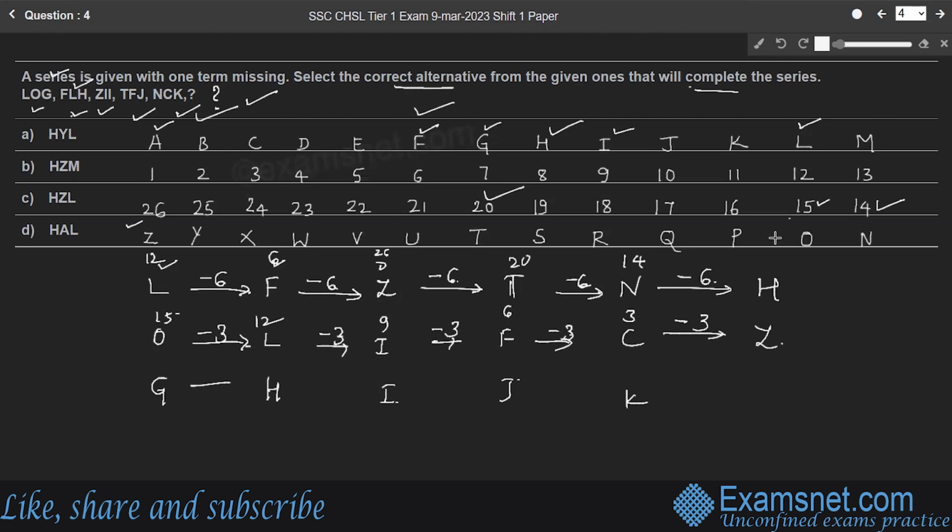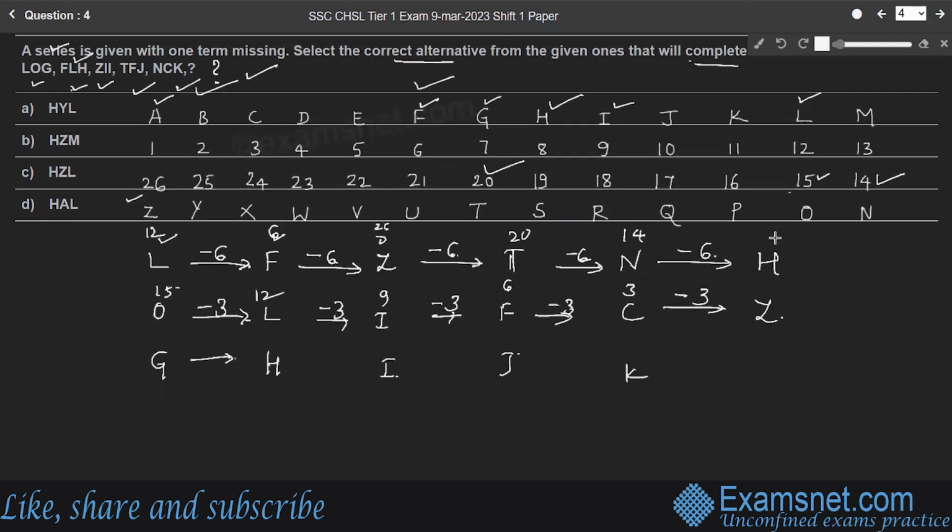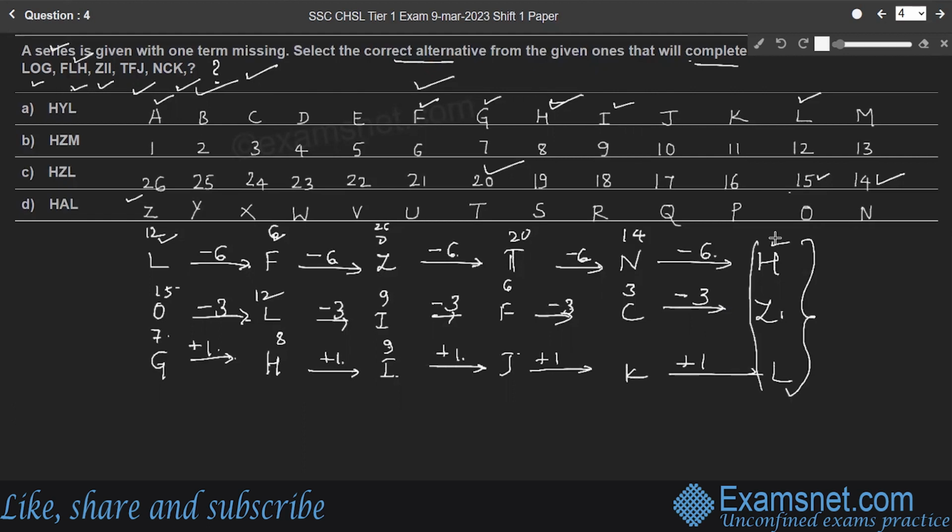Now the third letters. G is 7, H is 8. So we can write G plus 1 is equal to H. Similarly, H plus 1: H is 8, I is 9, so H plus 1 is I. Similarly, I plus 1 is J, J plus 1 is K, and K plus 1 is L. Therefore, the last letter cluster should be HZL.